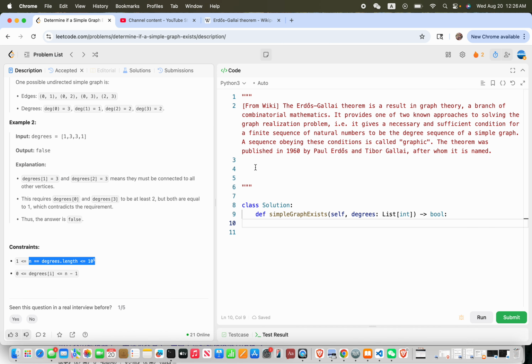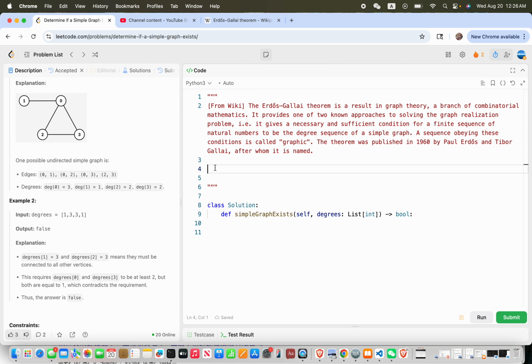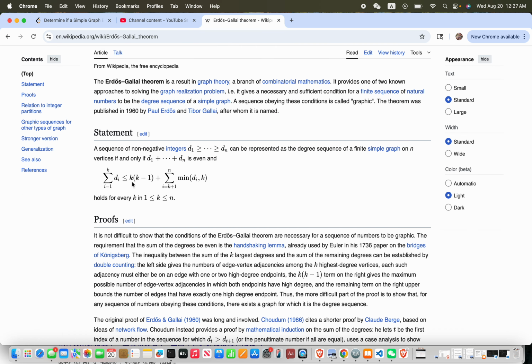So now let's look at the coding part. We are going to use prefix sums, or you can say partial sums. Another ingredient is sorting. We need the degrees sorted in decreasing order, but because I'm going to use binary search, I want to sort in ascending order. You just need to understand the meaning of the mathematical formula.